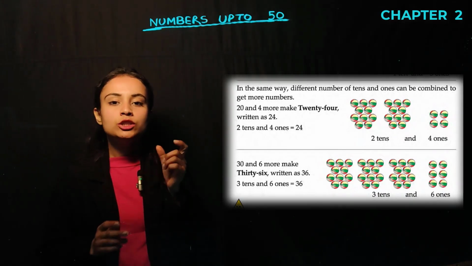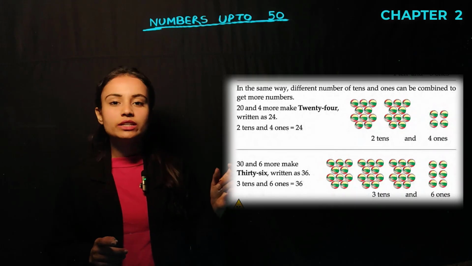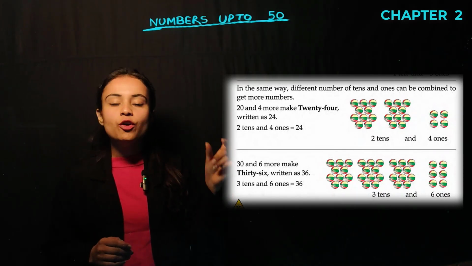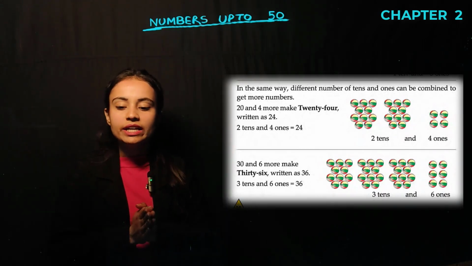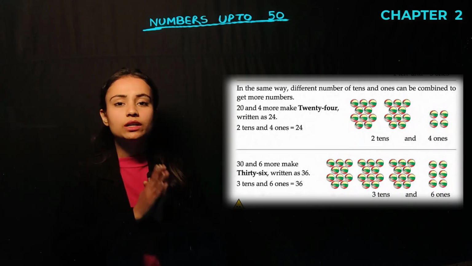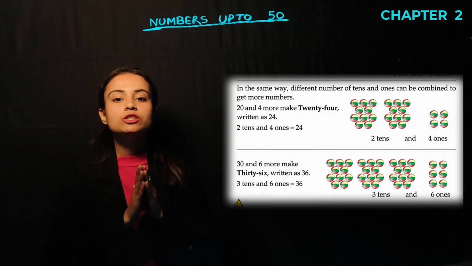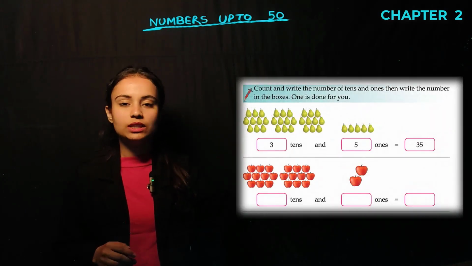For example, 20 and 4 more will make 24, which is written as 2, 4, 24. So 2 tens and 4 ones is equal to 24. Similarly, 30 and 6 more make 36, which is written as 3, 6, 36. So 3 tens and 6 ones is equal to 36.